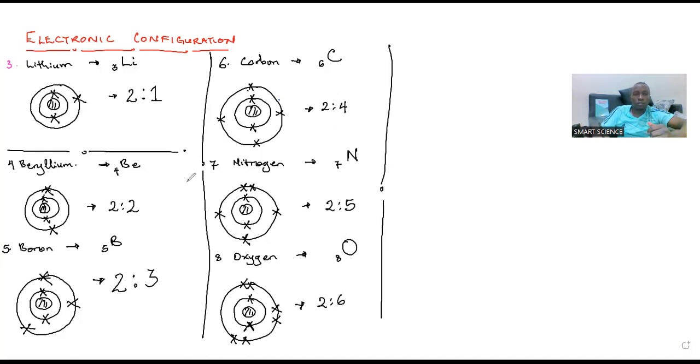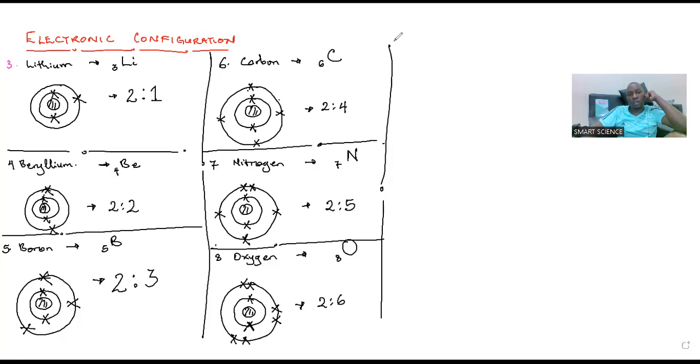As we continue, different elements have been finished in terms of writing their electronic configurations. We shall go to element number 9, which is fluorine, symbolized by capital F with atomic number 9.